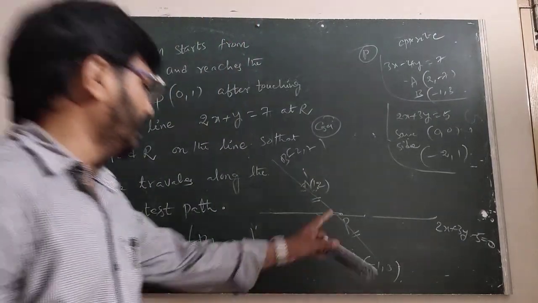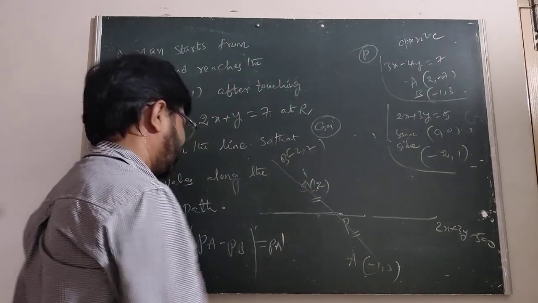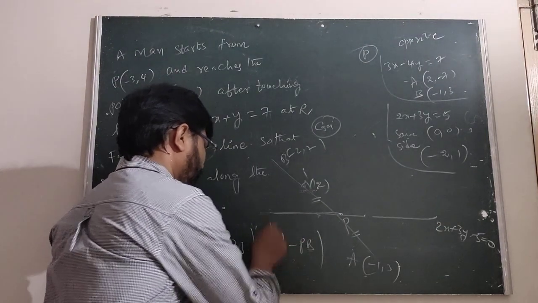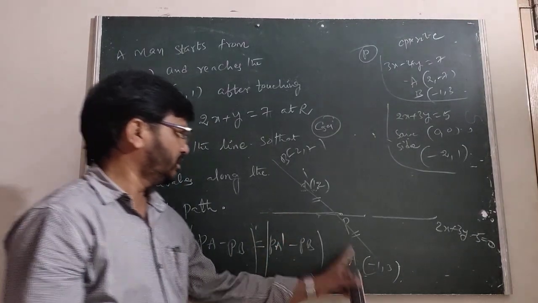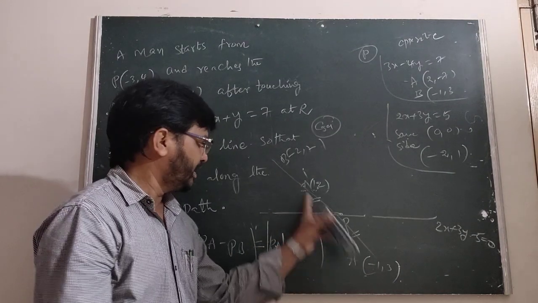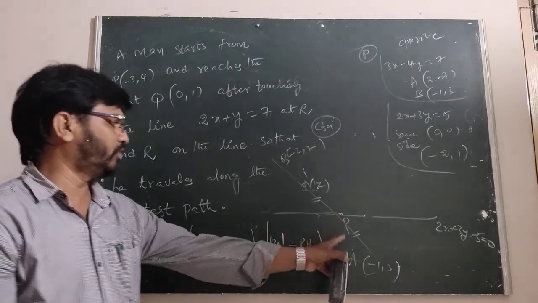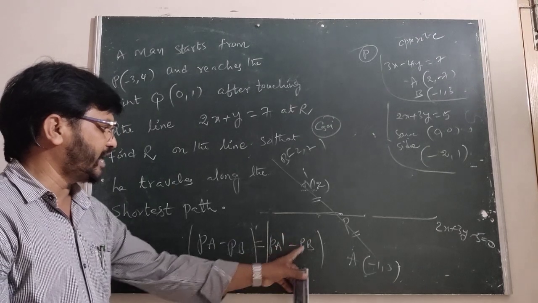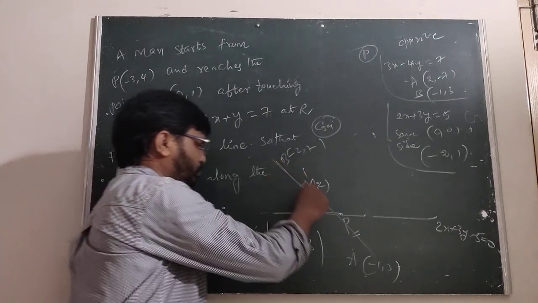Therefore we can write PA dash minus PB, or PB minus PA dash.